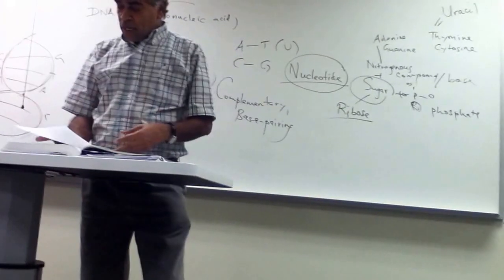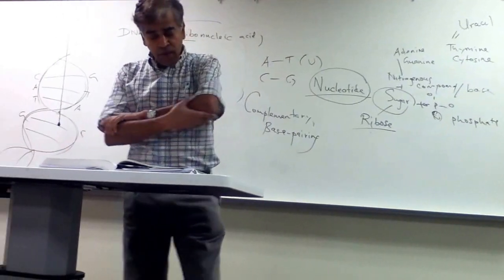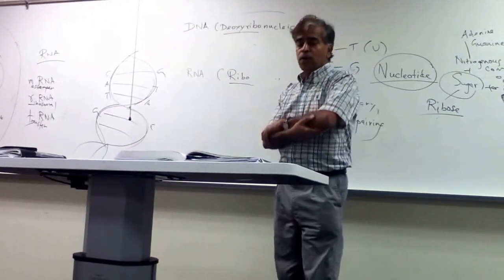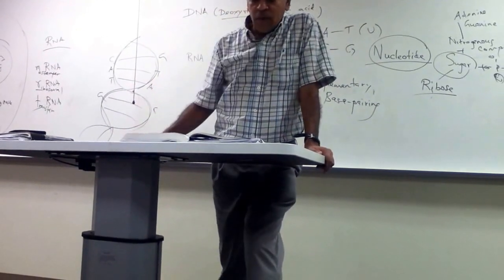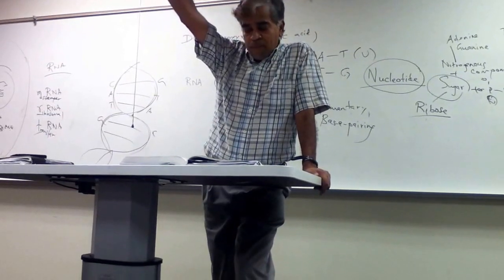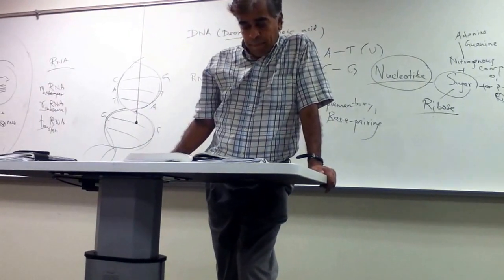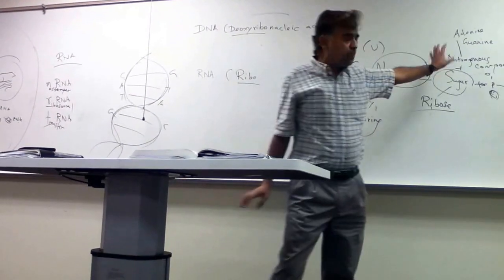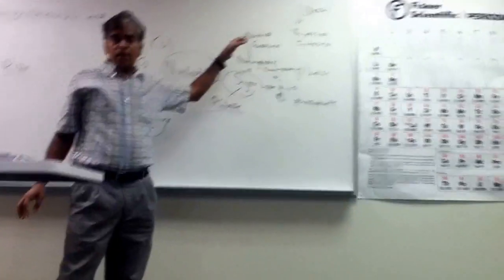Okay, now let's go to the book with that short introduction. So you can see on figure 4.1 and 4.2, you can see the nitrogenous bases and the standard structure of a nucleotide. On the top, you see the adenine, the deoxyribose, and the phosphate. Okay, I did write on the board each nucleotide has a sugar, phosphate, and a nitrogenous base, right?